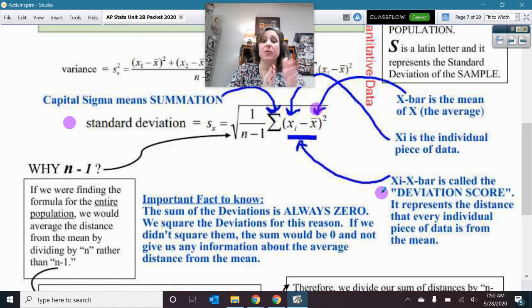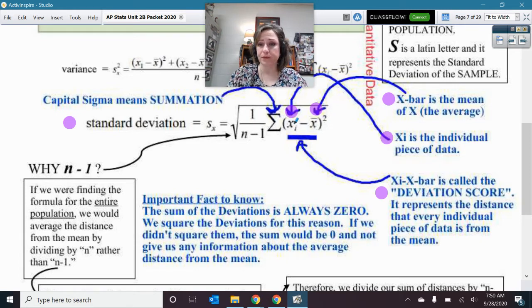Each X with a little i is an individual piece of data, everybody's individual height, minus the mean. So smaller than the mean will be a negative result, and bigger than the mean will be a positive result.